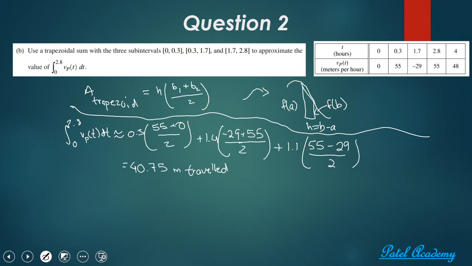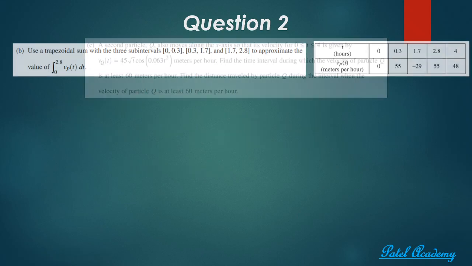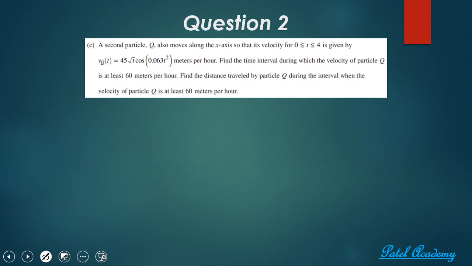So the integral of velocity becomes displacement. What's the change in displacement from time t equals 0 to time t equals 2.8? Now in this specific case, because we are given that the position at time 0 is 0, you could also interpret this as the position at time t equals 2.8 is 40.75. So both interpretations match.